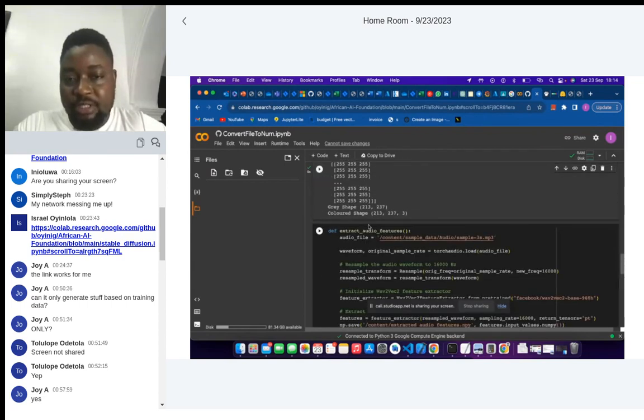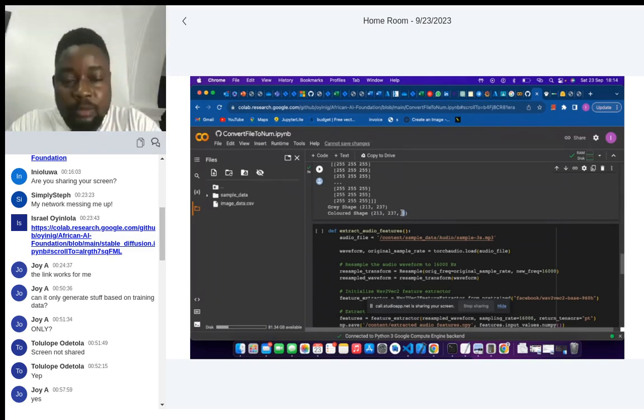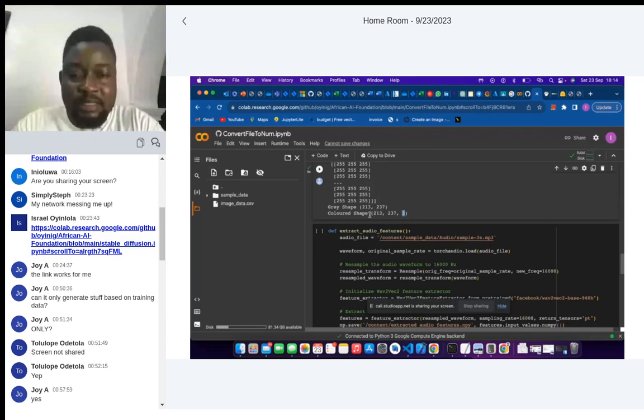The shape of the data is 213 by 237 by 3. The 3 here is because it is red, green, and blue. So the red we have one by one, the green one by one, the blue one by one, RGB, and then till the pixel 213 by 237.